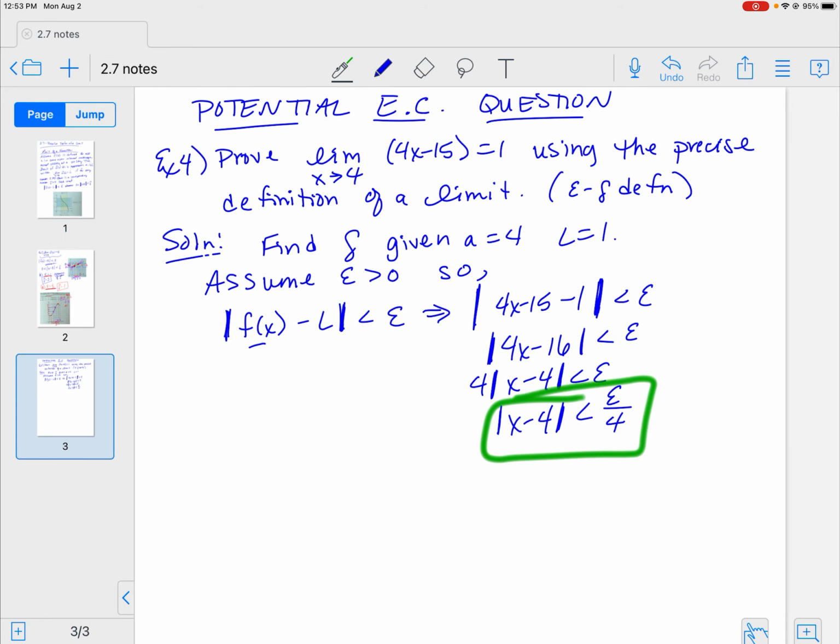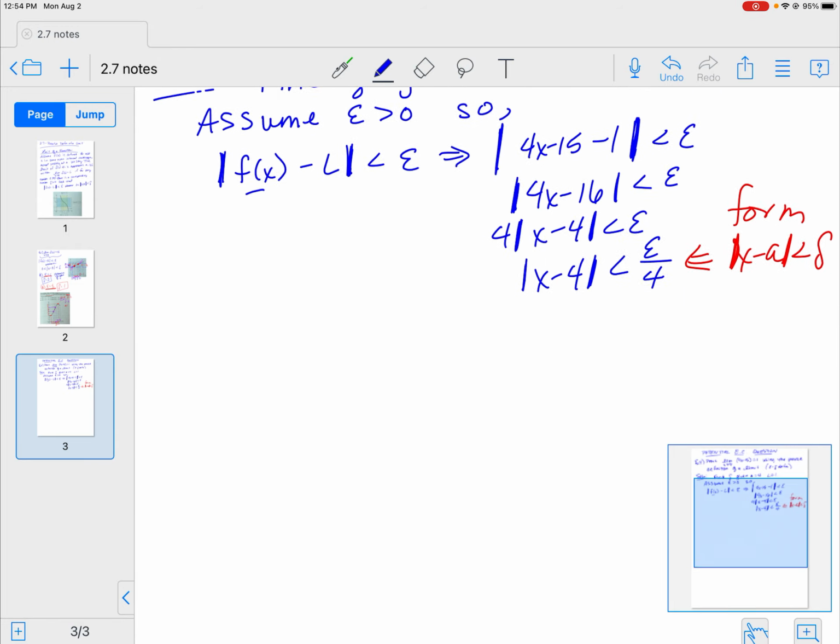Look what we have right here. X minus A is less than delta. So this is the form. Let me put a little note here. This is in the form of X minus A, those are absolute values again, is less than delta. All right? So this is part of the proof. We've set this part up.